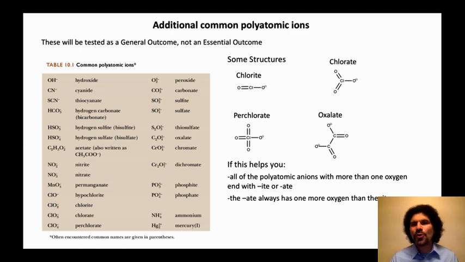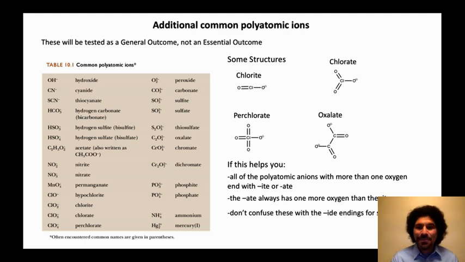So you see chlorate has 3 oxygens, chlorite has 2 oxygens. Nitrate has 3 oxygens, nitrite has 2 oxygens. Now don't confuse these endings with the ide endings that we learned previously for the simple anions. These ites and ates are for polyatomics that contain oxygens.